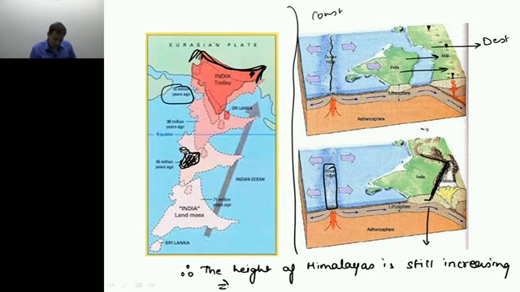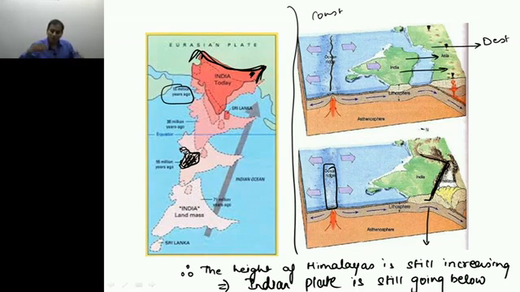Why? Because the Indian plate is still going below the Asian plate, and thus whenever there is a vibration, whenever the Indian plate slides downwards below the Asian plate, there is an earthquake here.